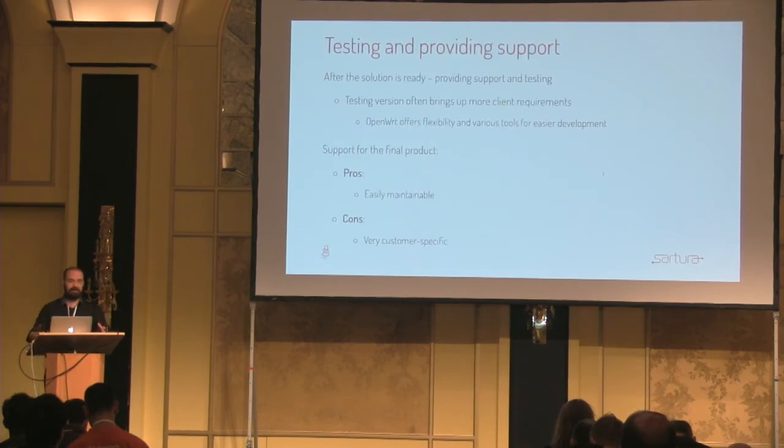Once you have all of these set, then testing and providing support is the next step. For example, we were doing a project for one of our customers where we had to create the front end, a web page, which would run on the PC, which you control from the browser, and modify the behavior of the router.